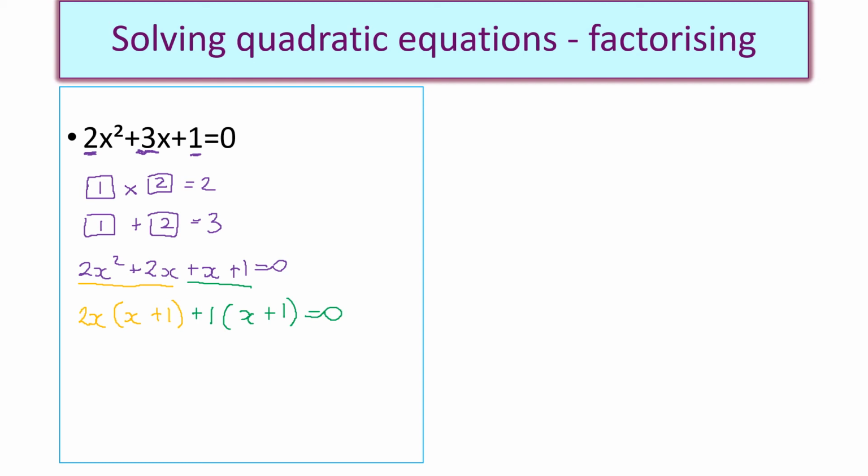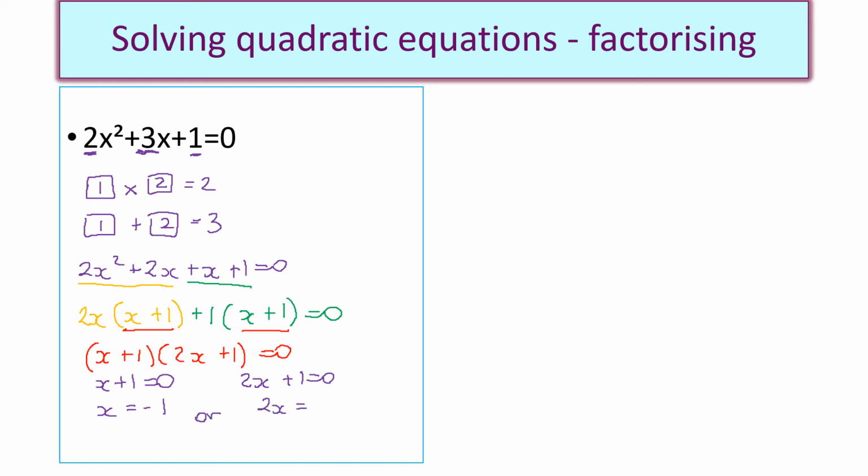Notice that we have the same bracket, and this is exactly what we want. x plus 1 becomes our factor, and then 2x plus 1 goes in the other bracket. Just like before, this will be equal to 0 if at least one of those brackets is 0. So x plus 1 is equal to 0, or 2x plus 1 is equal to 0. So x must be minus 1, or 2x equals negative 1, so x is equal to negative half.